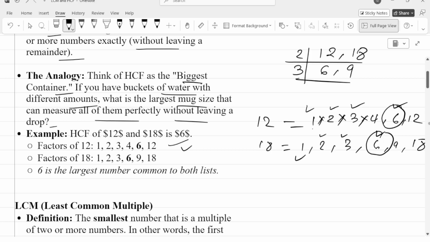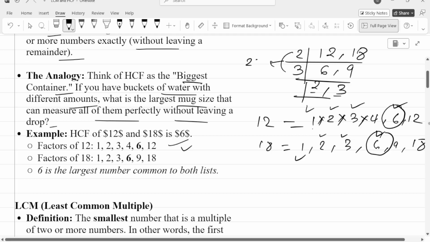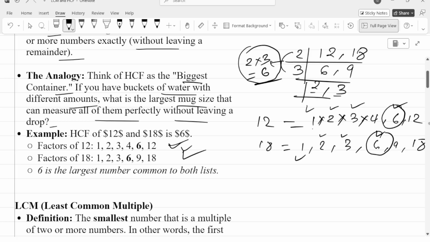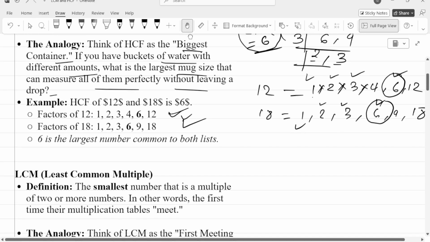Then we take 3: 3 twos are 6 and 3 threes are 9, and 2 and 3 are different numbers. So here the HCF is 2 into 3 is equal to 6. That's the easiest way to find the HCF, and here is the detailed explanation of how we find it. I hope you understand HCF.